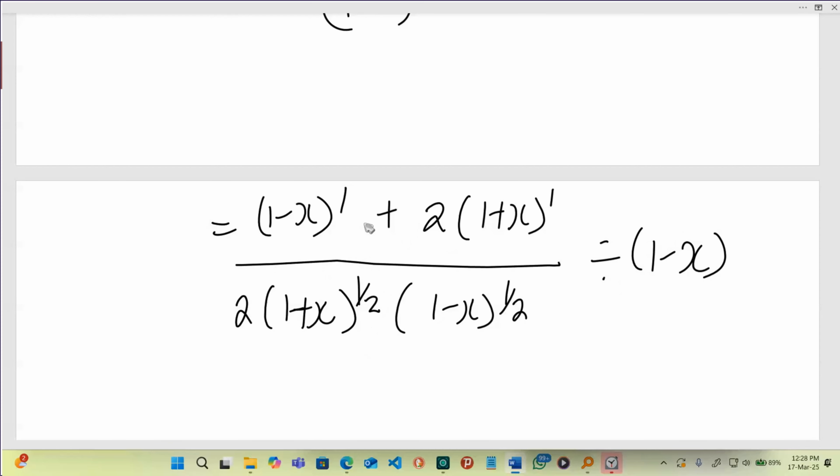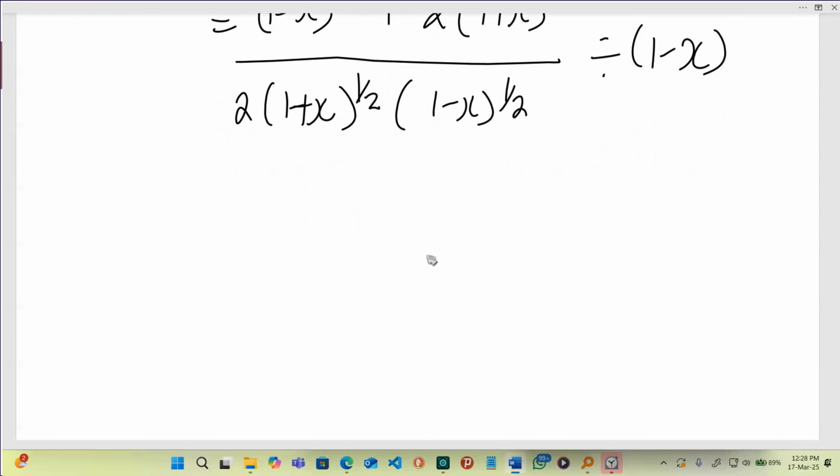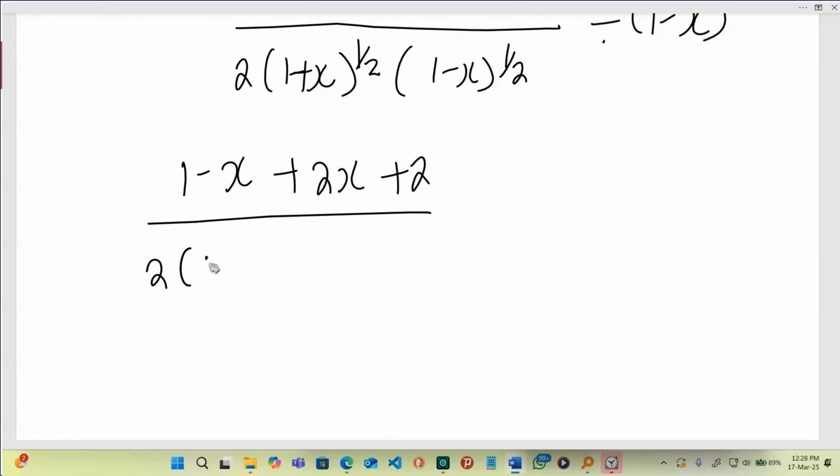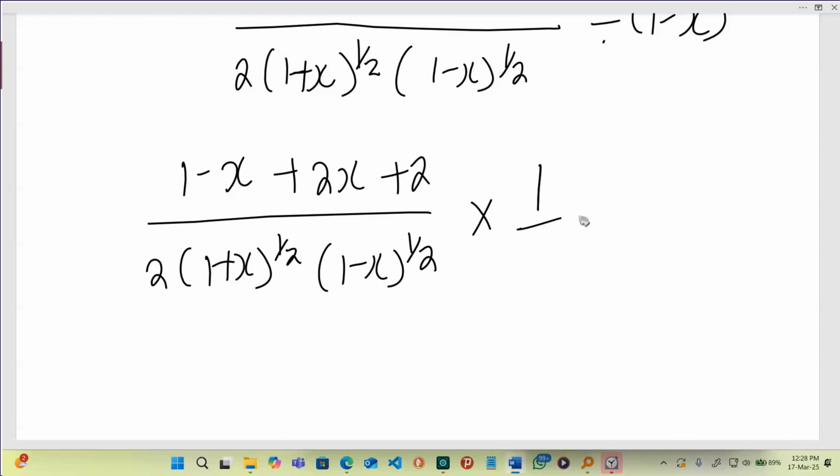So if I open the brackets here, this will be 1 minus x plus 2x, as you see here, then plus 2, divided by 2 into (1 plus x) power a half into (1 minus x) power a half times 1 out of 1 minus x.